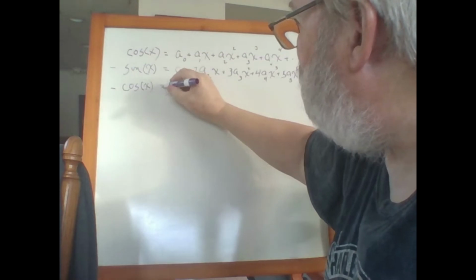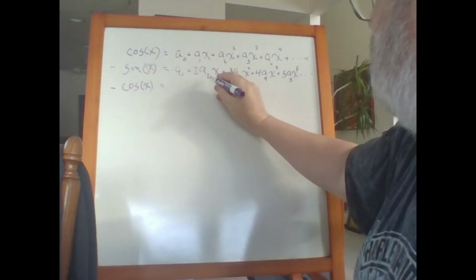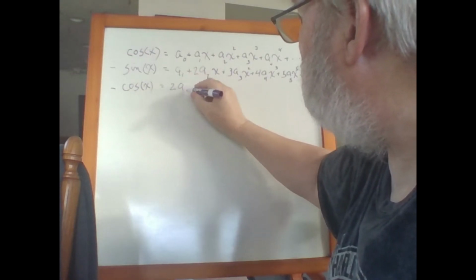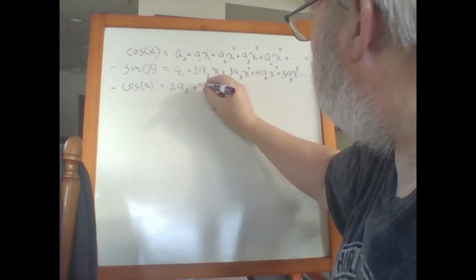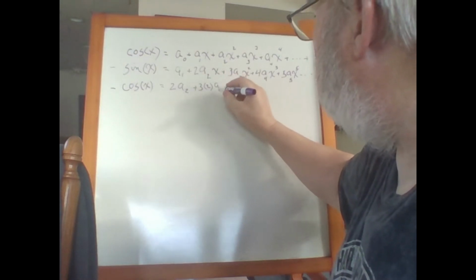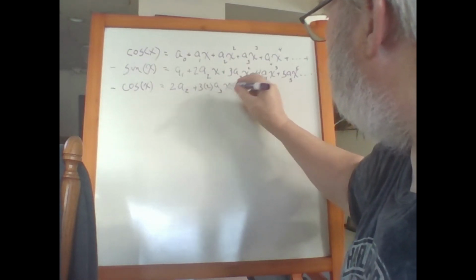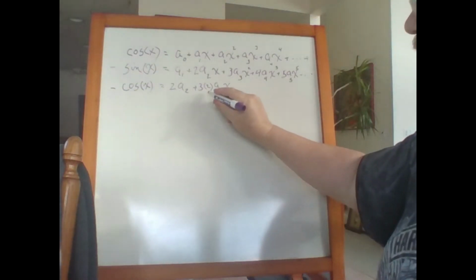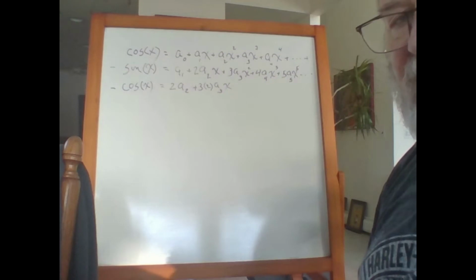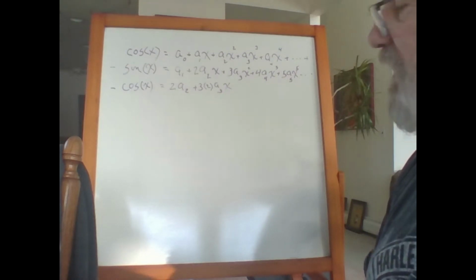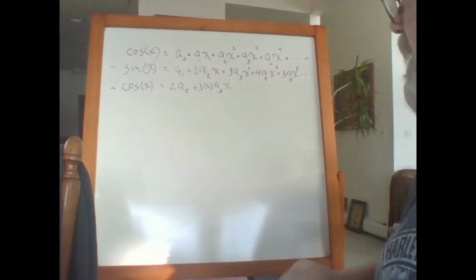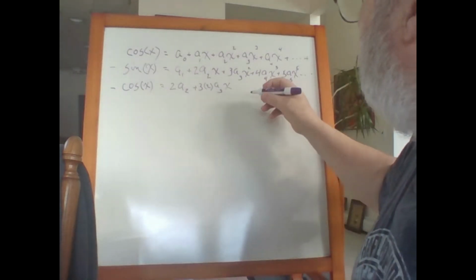So that next derivative is, okay, a1 drops out. We got 2a2 plus 3 times 2 a3 x. And there's a reason why I'm writing it this way. Now, 3 times 2 is 6, and that's easy to see. But I prefer writing it this way, and I'll explain why later.